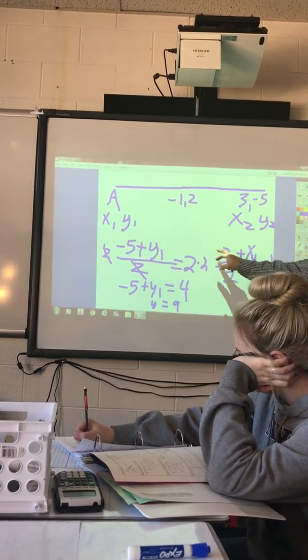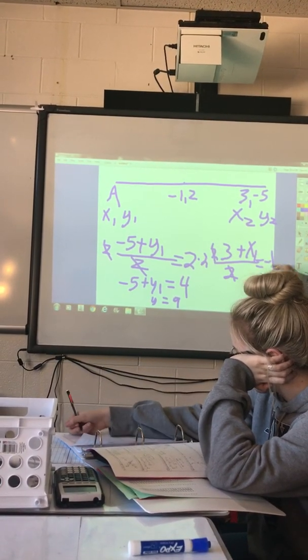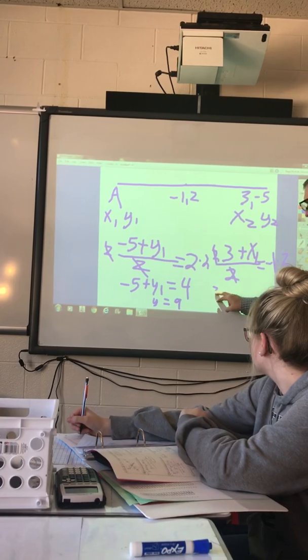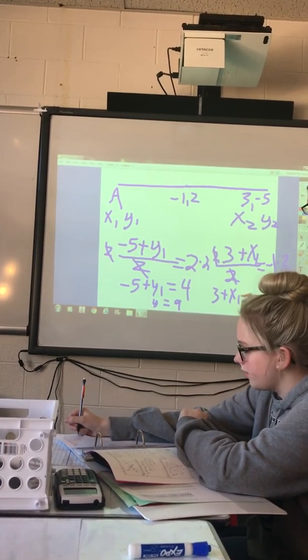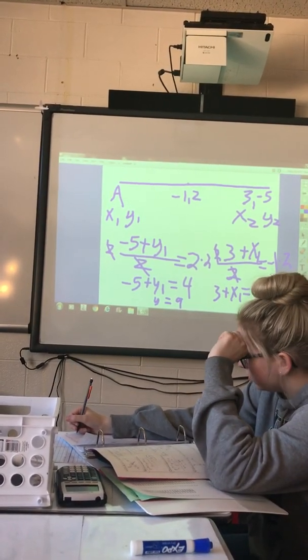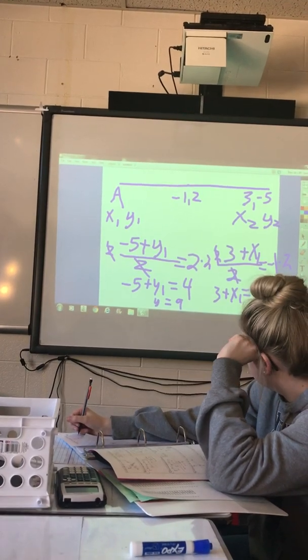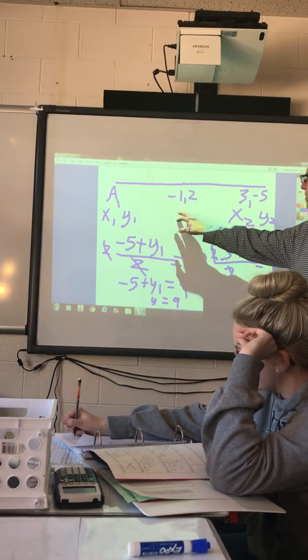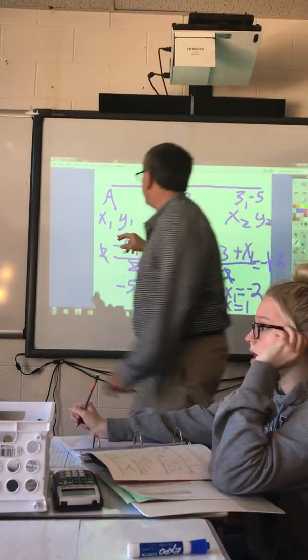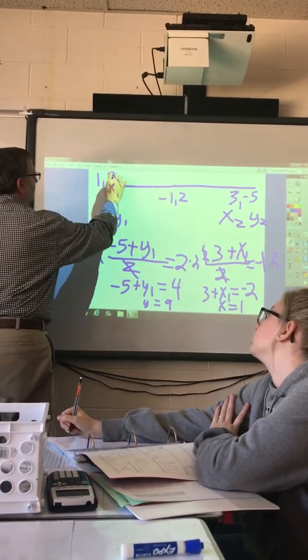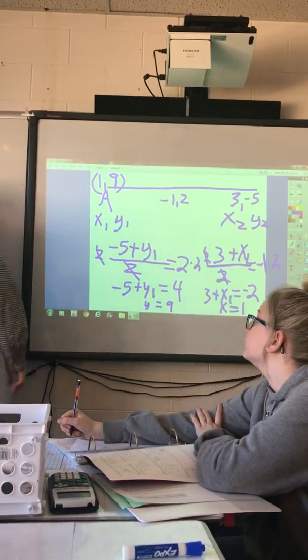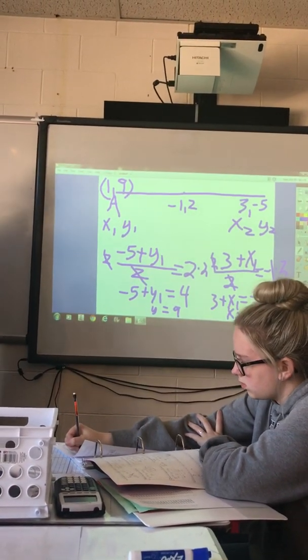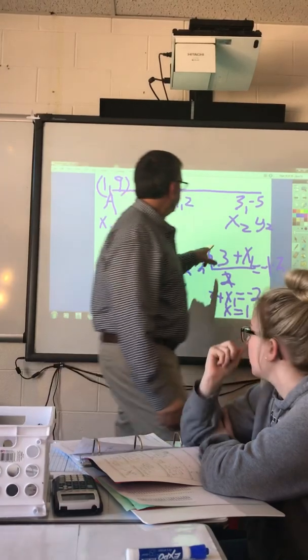On this one, I multiply by 2. 3 plus x1 is -2. Add 3. X is 1. So my endpoints here are 1 and 9. Oops, I did something wrong. Where did I mess up?